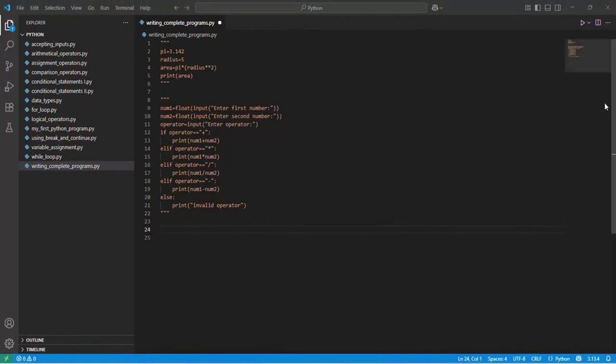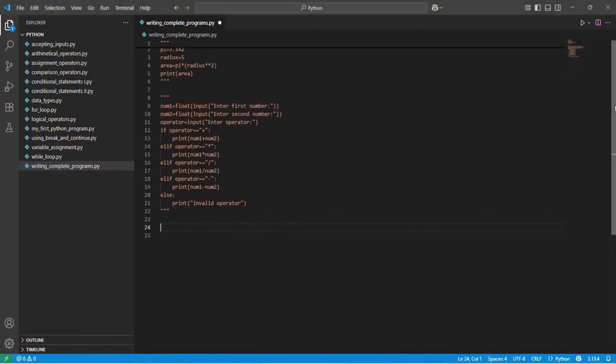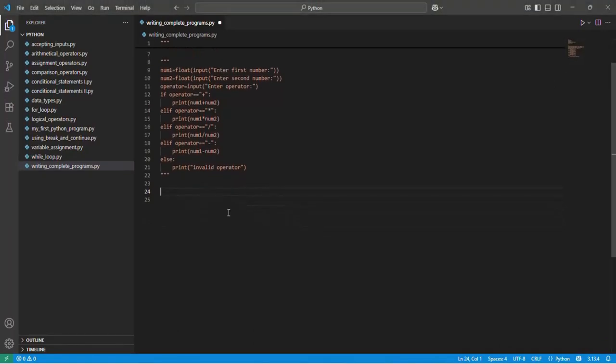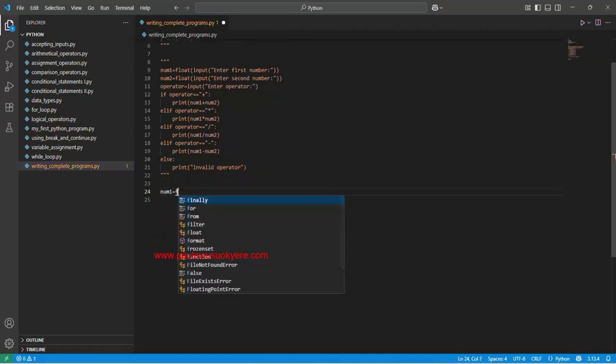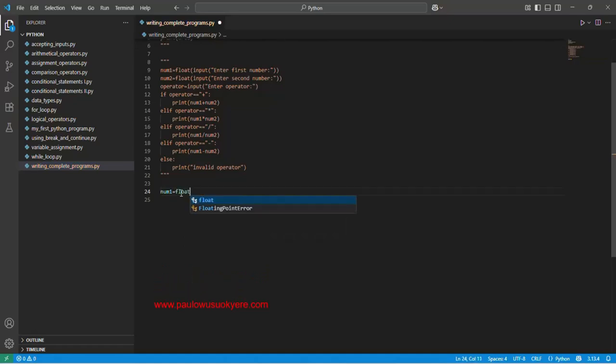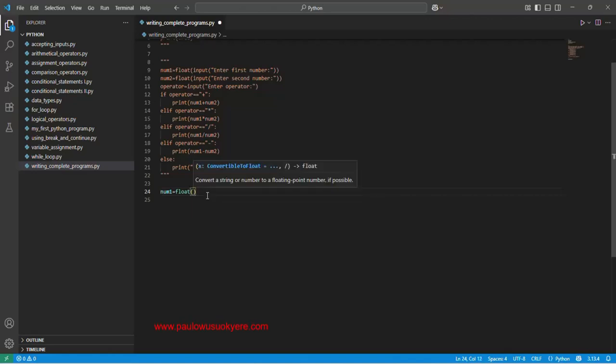Okay, so let's start by writing our program. I'll start by saying num1 equal float, and then input.